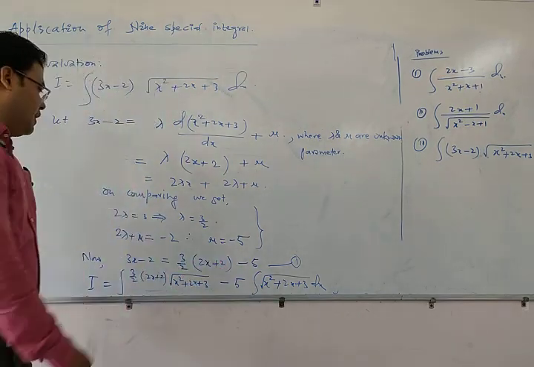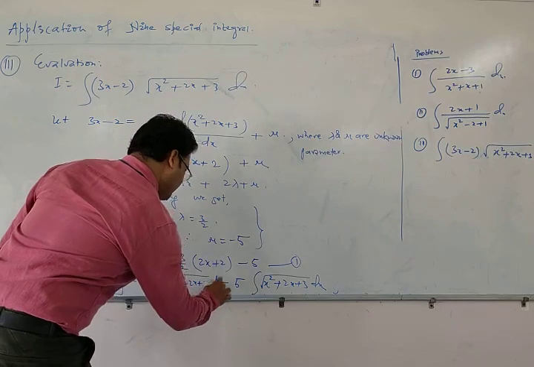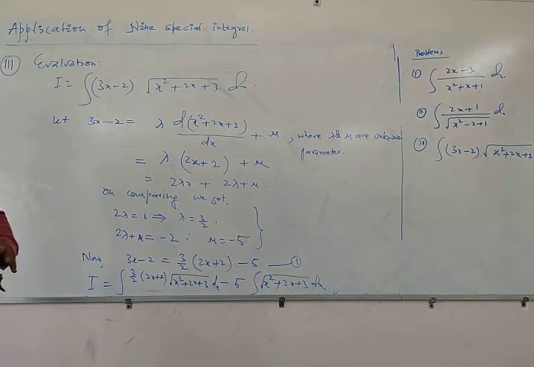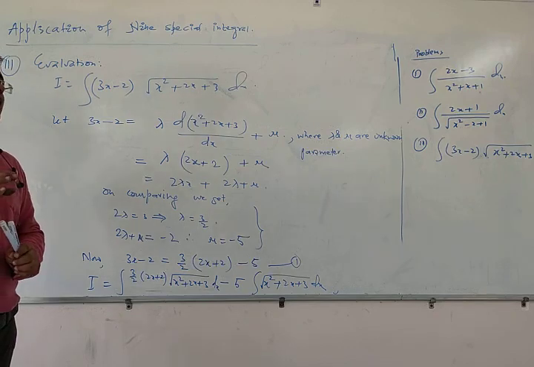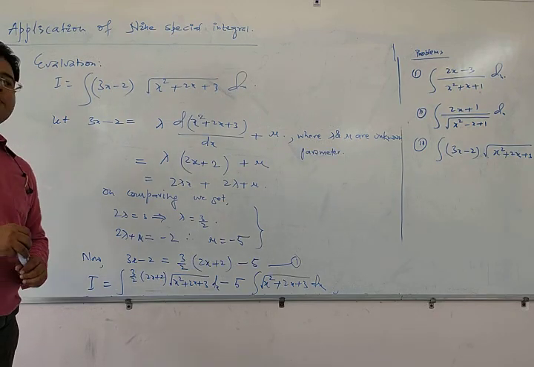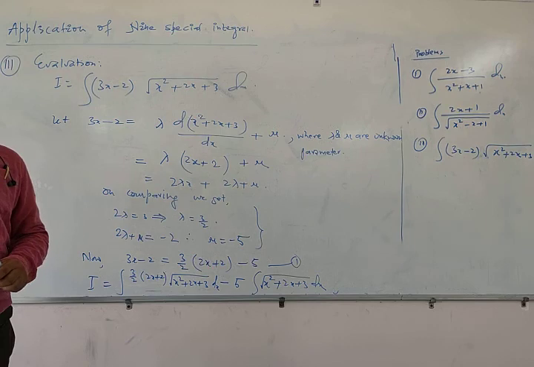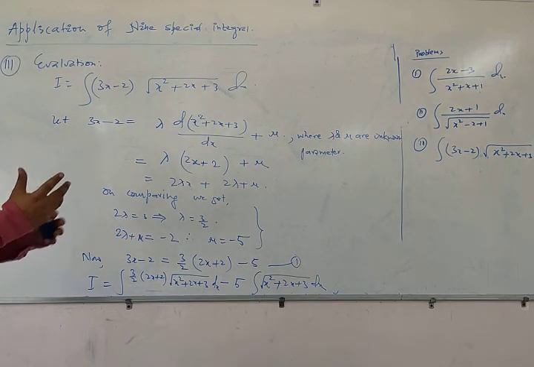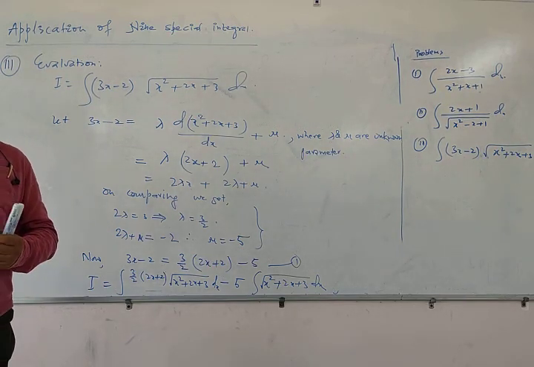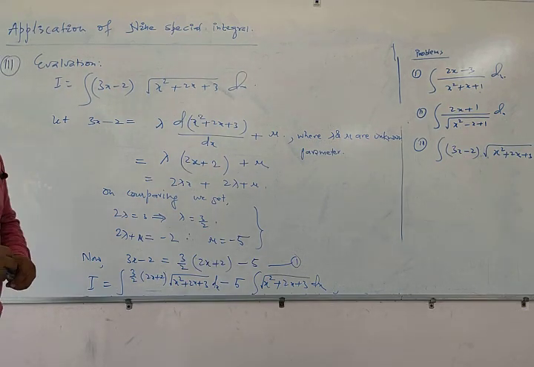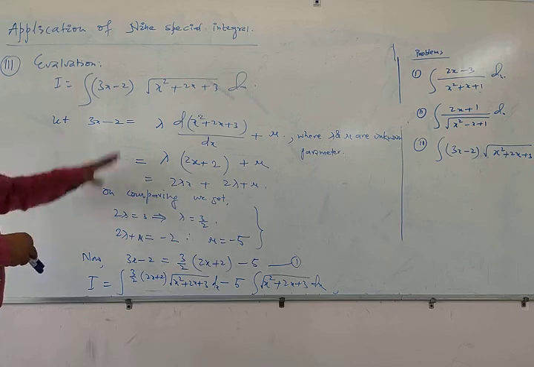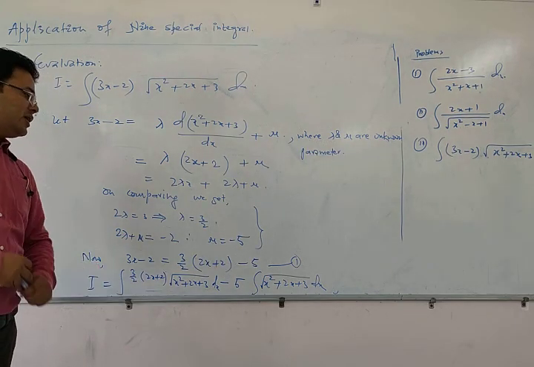And here is dx. So in this way we get two different integrals, and these two integrals can easily be evaluated by using the previous concept, previous types or previous method which we have already discussed in the last lectures. So now we can see how we evaluate these two.